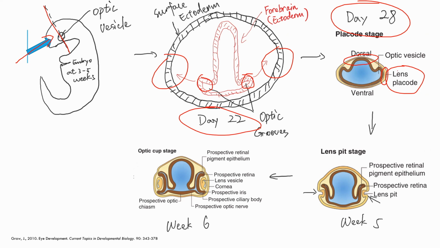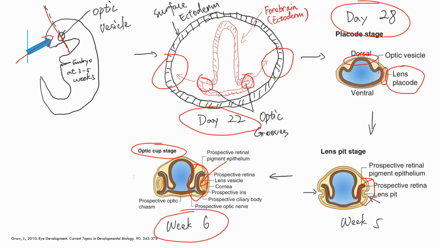Then this lens placode starts to invaginate inwards, just like how neural plate invaginates inwards to form the neural tube. And finally, the lens vesicle will form at around week 6. And at week 6, it is called optic cup because here you can see a cup shape that forms.